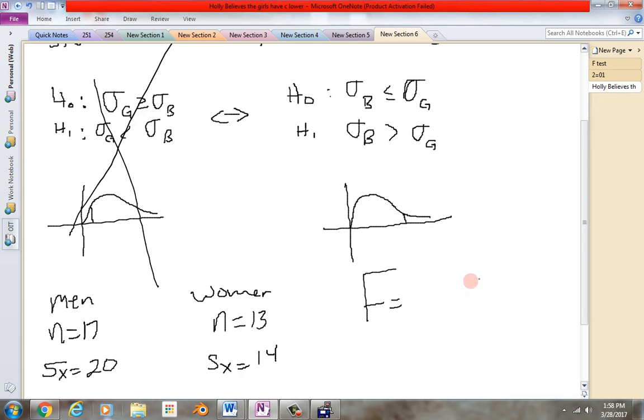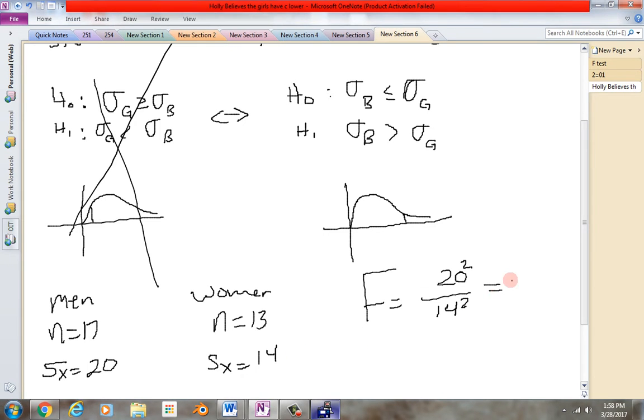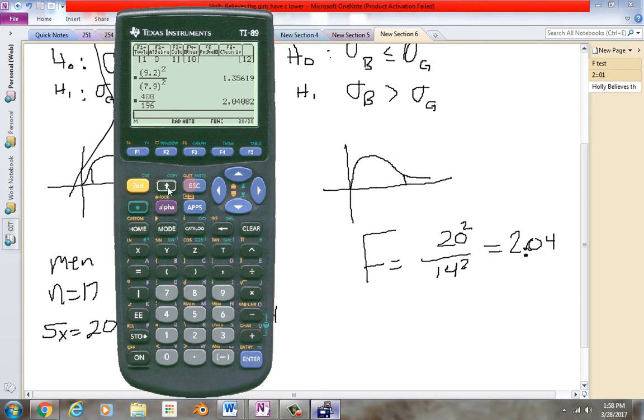So the F statistic is 20 squared over 14 squared, which is 400 divided by 196. So 2.04. Okay. And so, again, that is the critical value right there, but I'm not going to go find it. I'm just going to go find the F CDF for this thing.